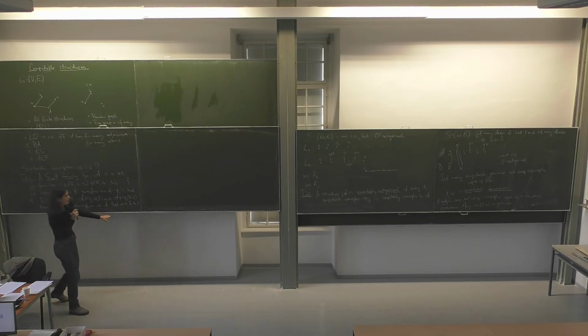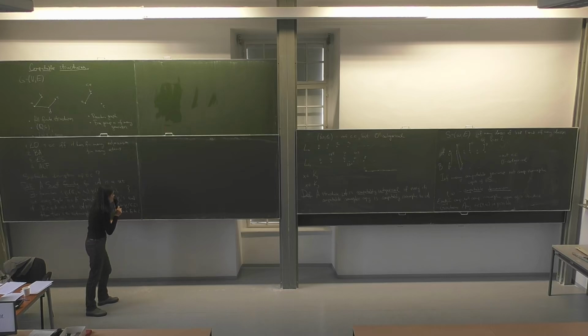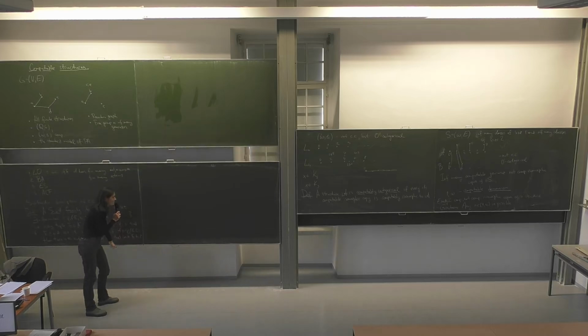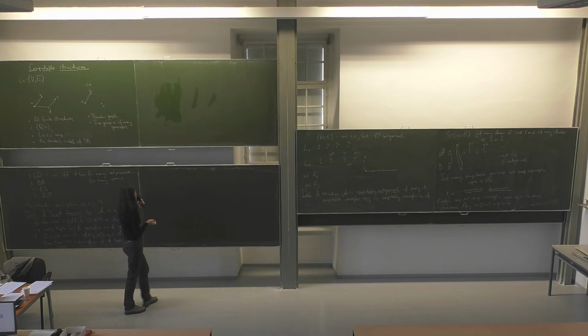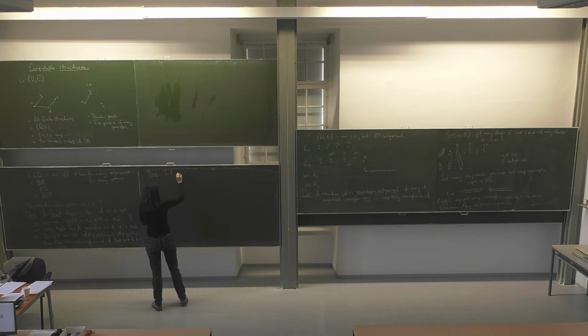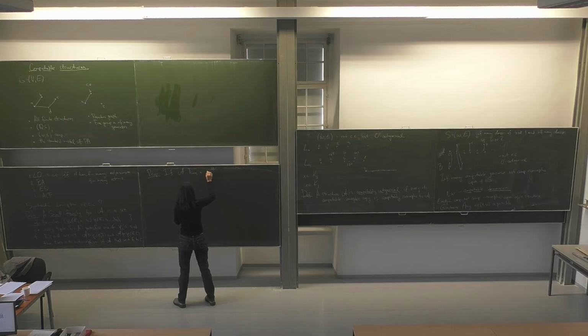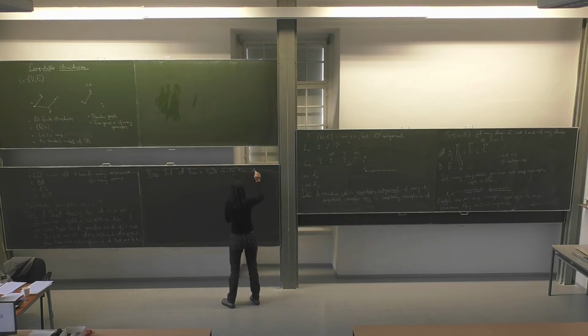And if a structure has such a family, then it is computably categorical. So the claim, let's say proposition: if A has a Scott family, then it is computably categorical.